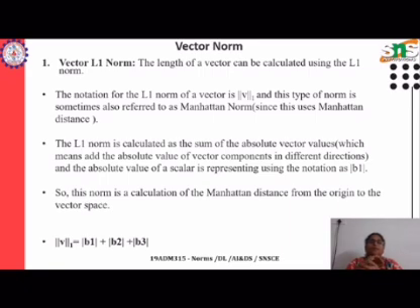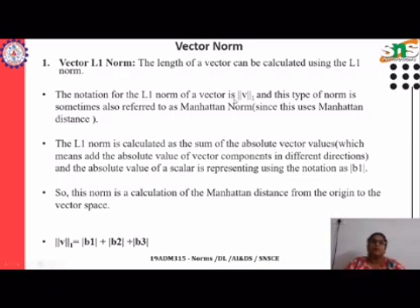It is of two types. The first type is the vector L1 norm and the second type is the vector L2 norm. These two types use two different methods. So norms are classified broadly into two types: vector L1 norm and vector L2 norm.